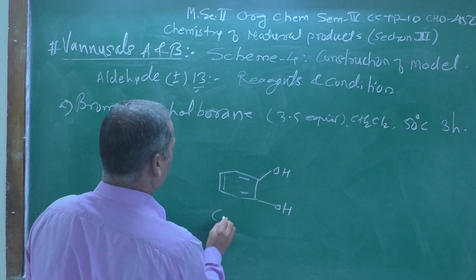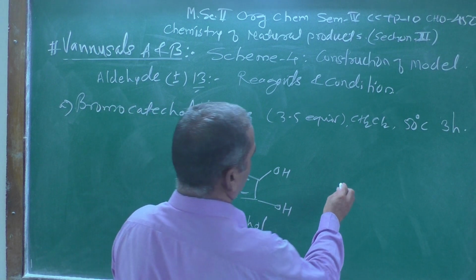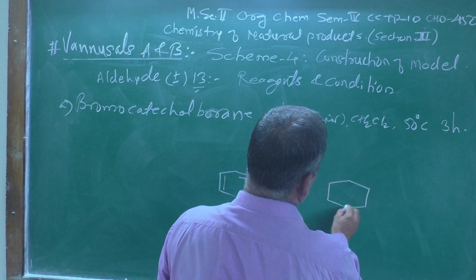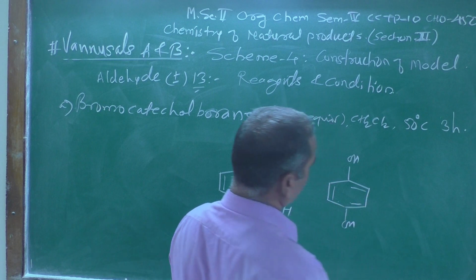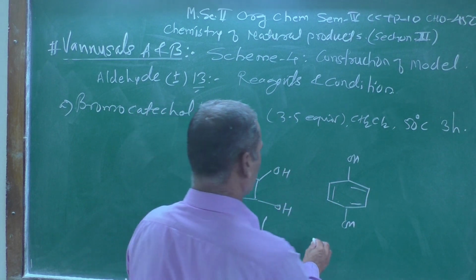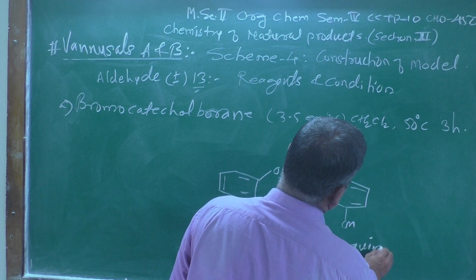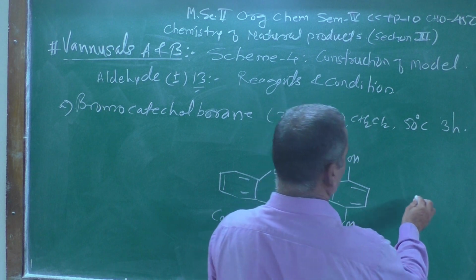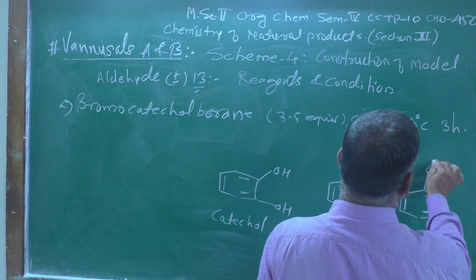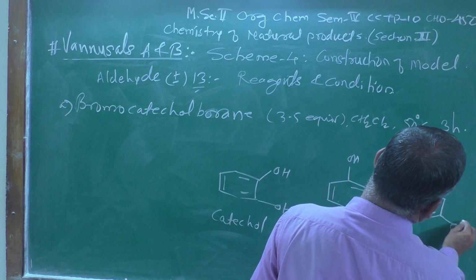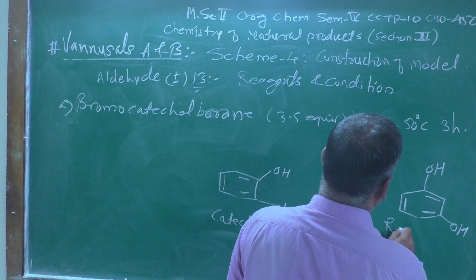If we have the two hydroxy groups at this position, it is called hydroquinone. And if you have OH and OH in this arrangement, this is known as resorcinol, you know that.